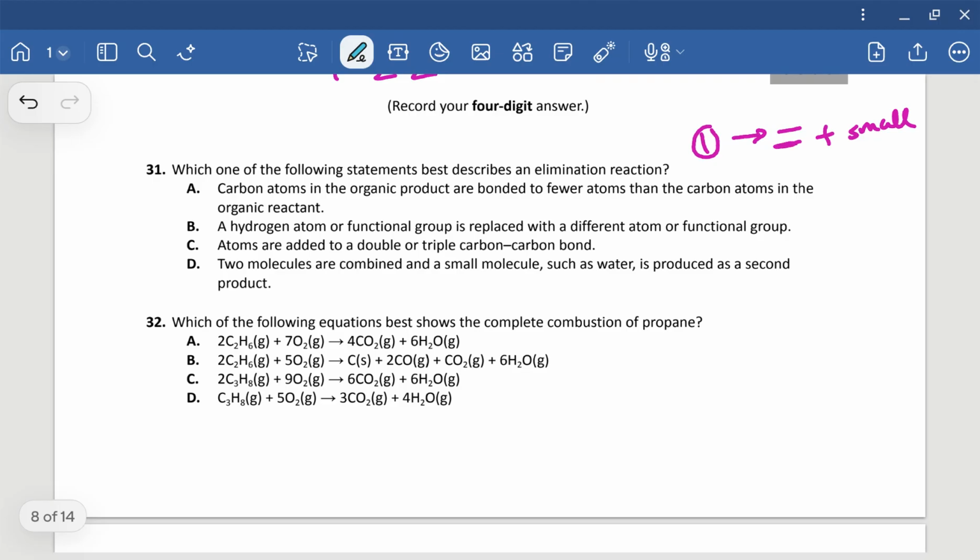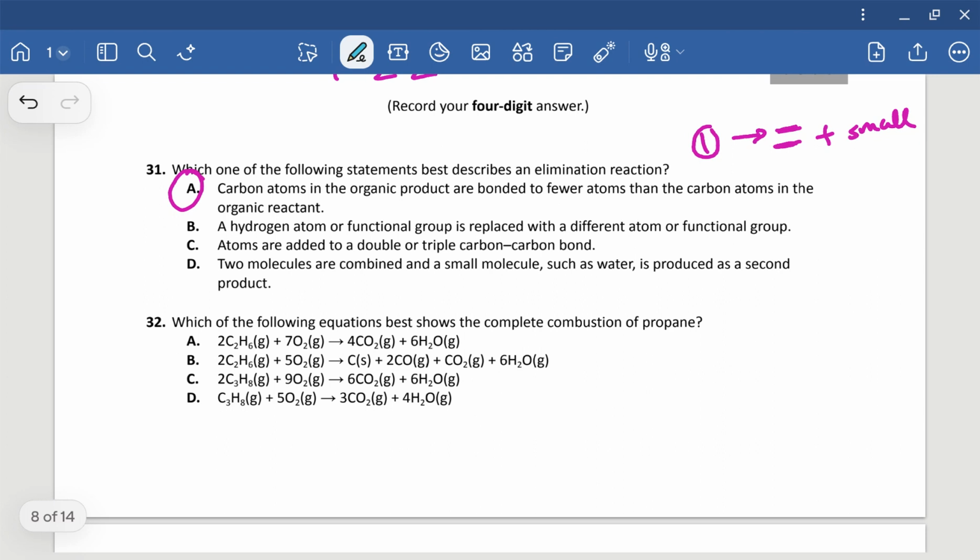That's true. We're bonded to fewer because we have a double bond being formed. And then if you look at B, that's describing substitution. C is describing addition. And D is two molecules combined with a small molecule, and this is describing some sort of condensation reaction with water being formed.